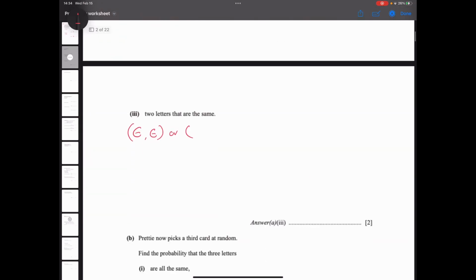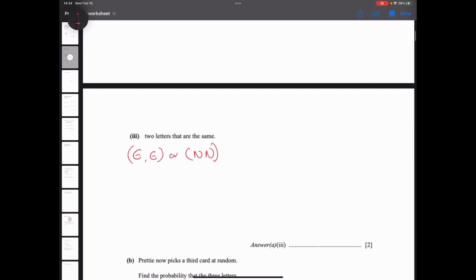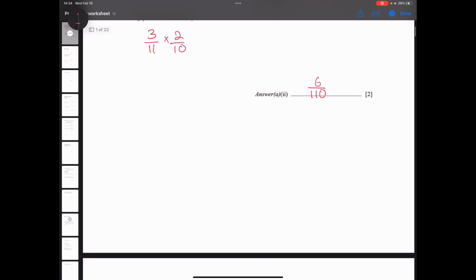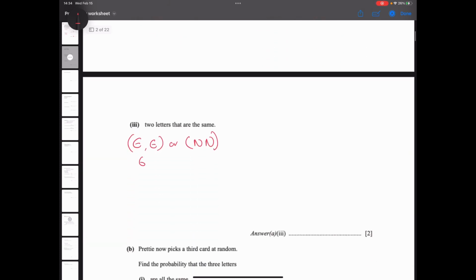So it's either E or N. E and E was already calculated, 6 over 110, plus N. It's not the same as E because we have two N's. So the first probability is 2 over 11 times 1 over 10. That is going to give me 6 over 110 plus 2 over 110, which is 8 over 110.